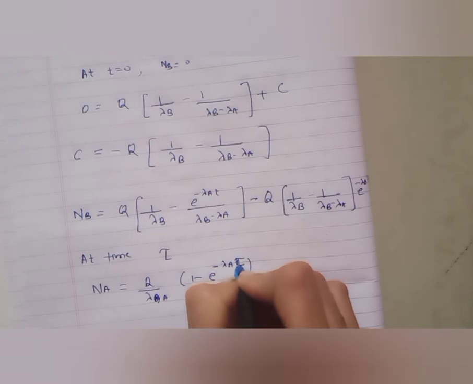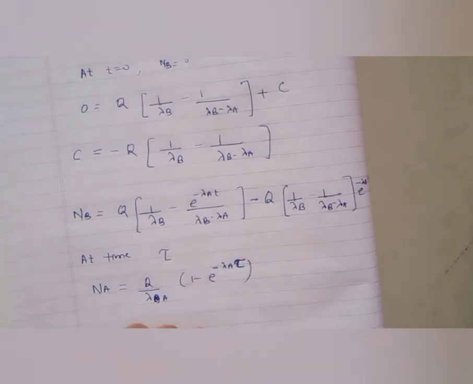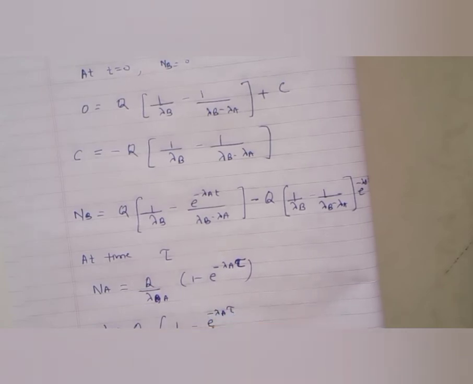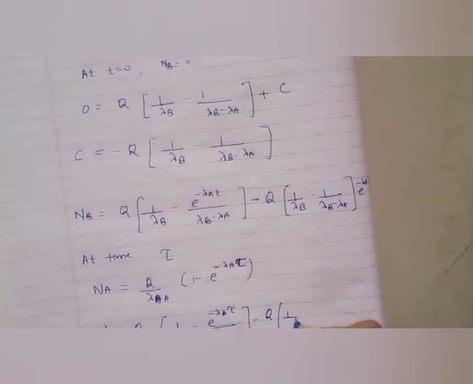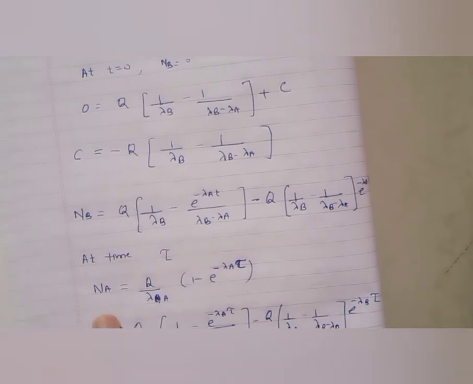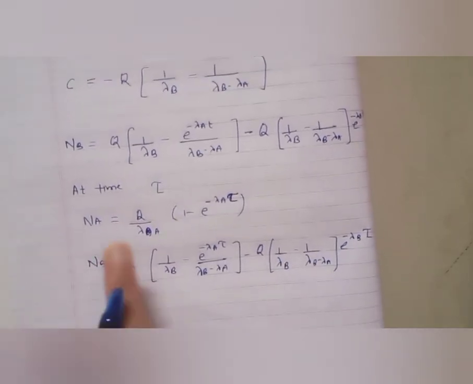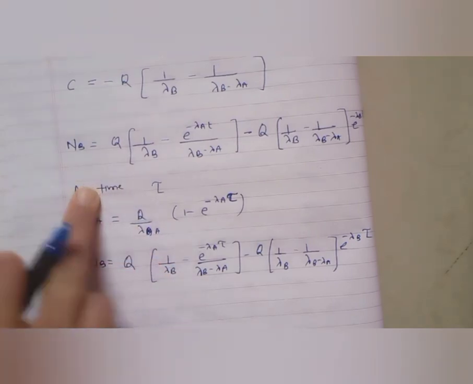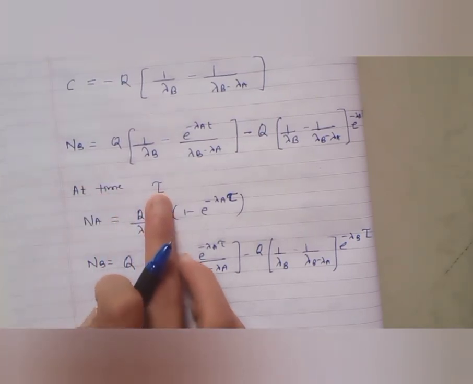And Nb equals q times (1 upon lambda b minus e raised to minus lambda a tau upon lambda b minus lambda a) minus q times (1 upon lambda b minus 1 upon lambda b minus lambda a) e raised to minus lambda b tau. So we are getting Na and Nb at tau. Simply, in the equations we got for Na and Nb, we replace small t by tau. That's it.